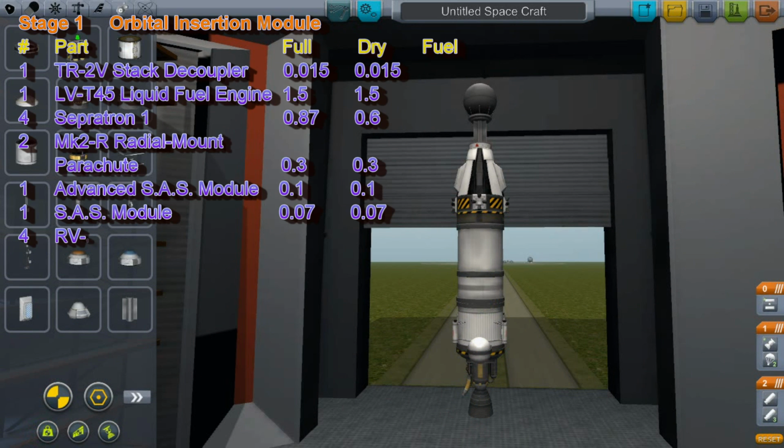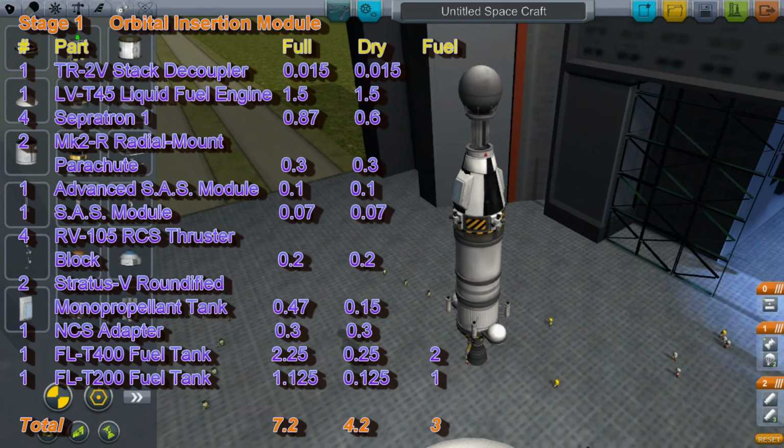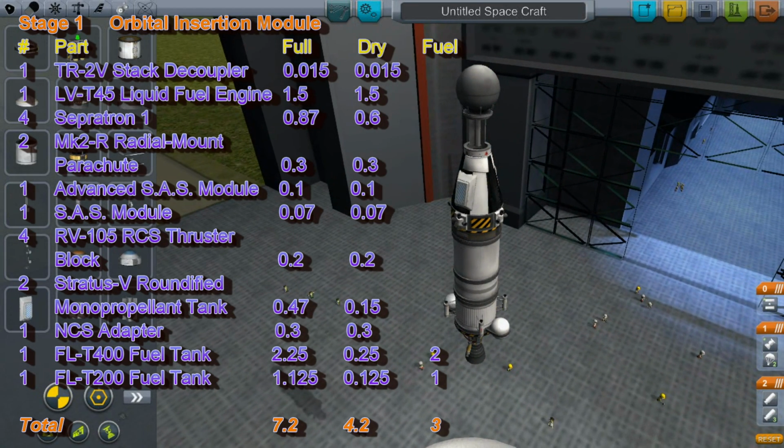And then we add up all our components as usual, and we get the full mass and the dry mass for everything and sum it up. Now if you do add up these columns, you might notice a possible error in the total for dry mass. What's going on there? This is trick number 2. Not all mass is reaction mass, at least not for the main effort of the rocket.